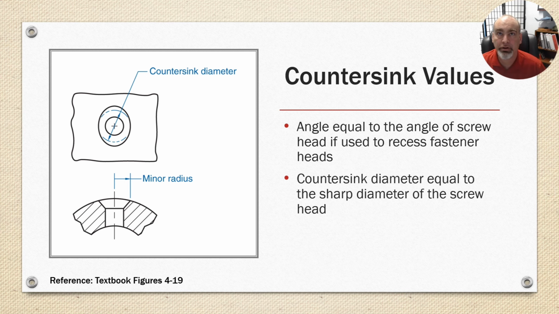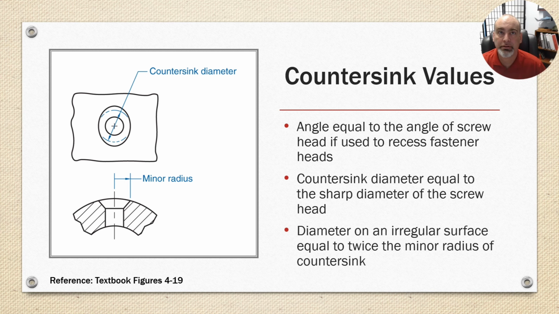Countersink diameter is equal to the sharp diameter of the screw head. And the diameter on an irregular surface is equal to twice the minor radius of the countersink. So if it's on an irregular surface, you need to go to where it's deep enough that the head would fit below a chord struck across the arc of that irregular surface.